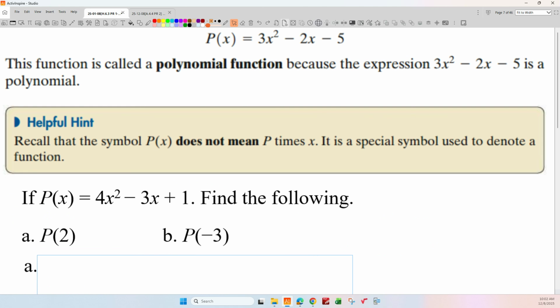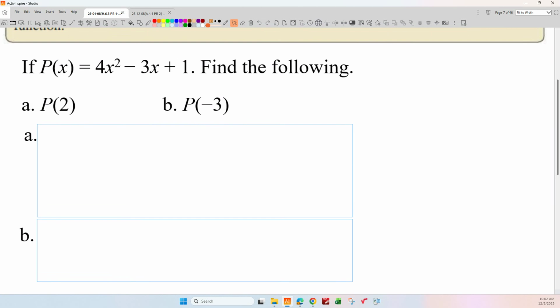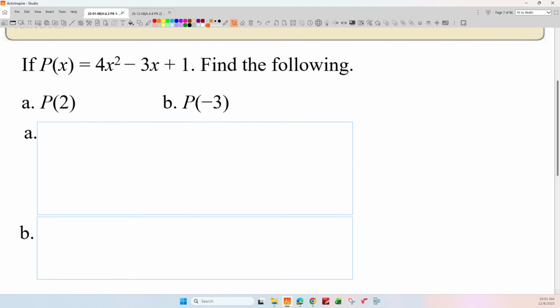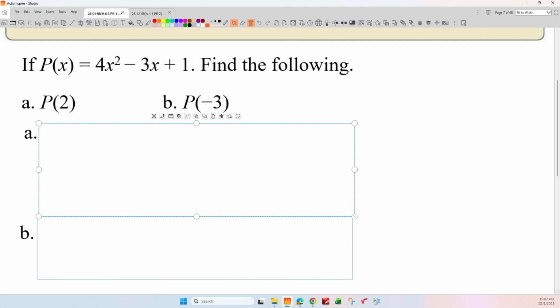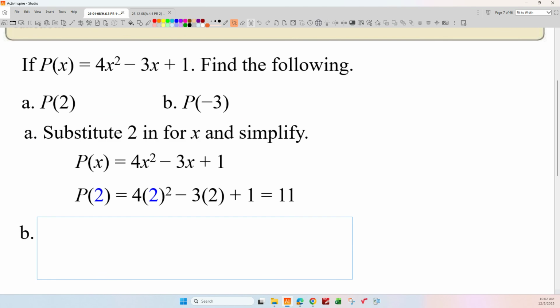Evaluating polynomials. I'm not going to spend any time on this because you've already done all this. Evaluating a polynomial means you're just plugging in a value of x and evaluating. Plug and chug. If I want to evaluate this polynomial at 2, we're just plugging in 2 for x and simplifying using PEMDAS, order of operations.